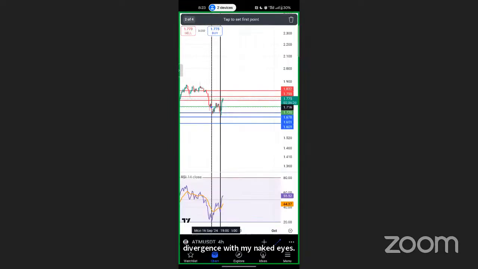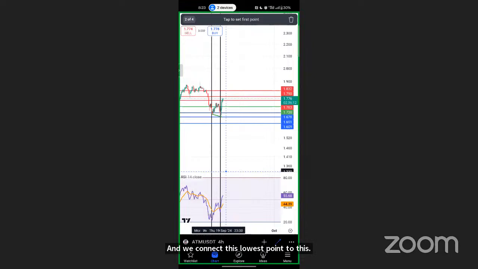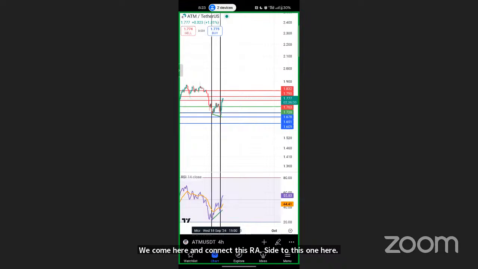If we bring the trend line and we connect this lowest point to this, and then we connect this, also we come here and we connect this RSI to this one here. Can we see the divergence?